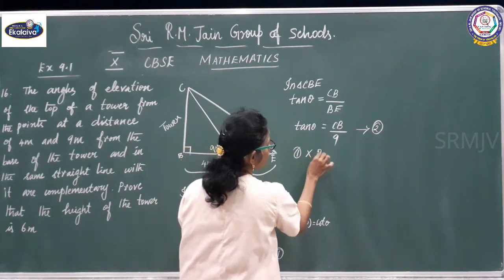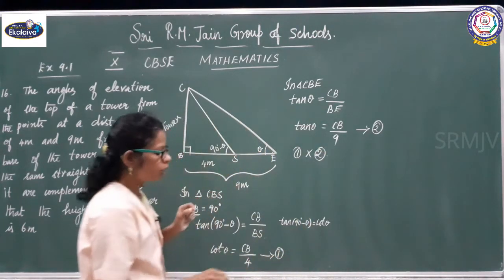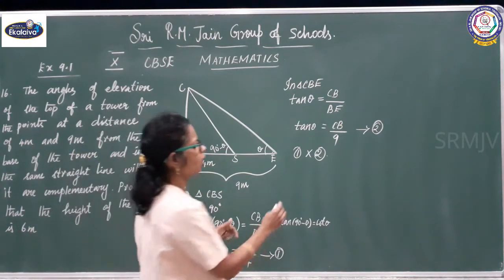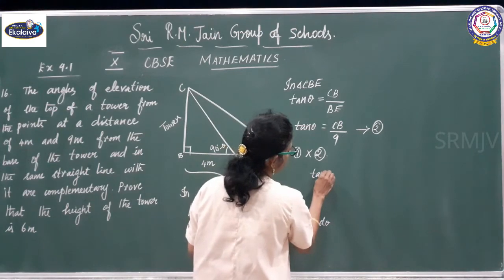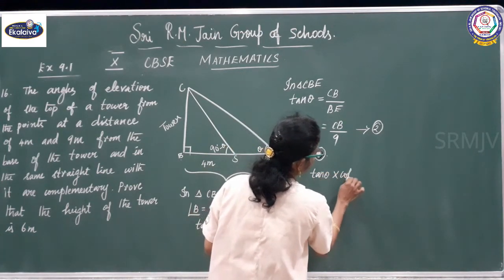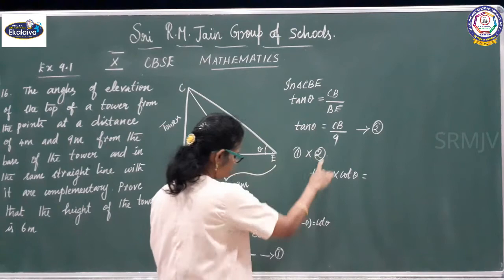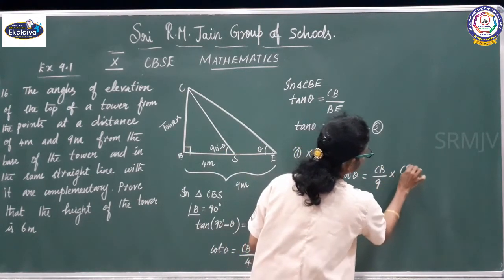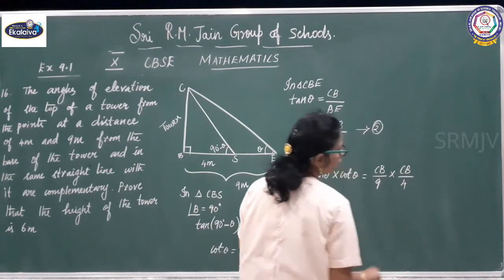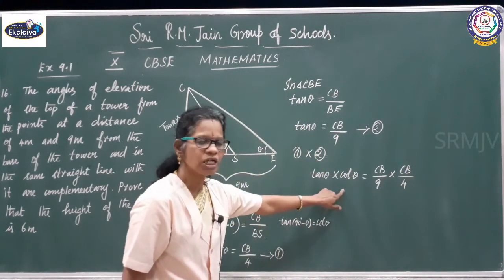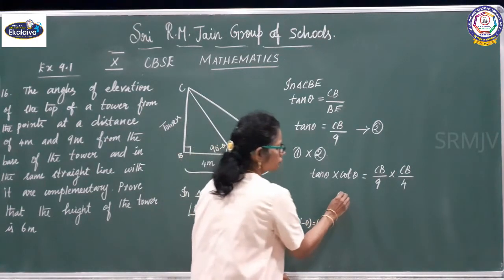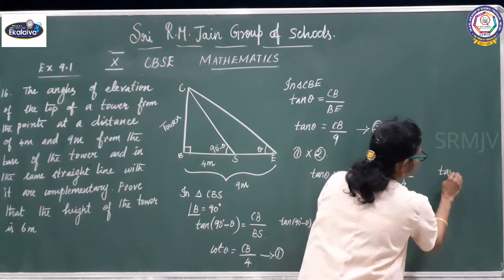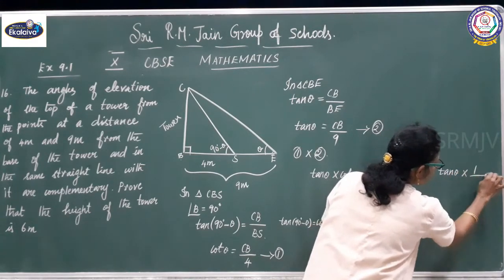Multiply 1 and 2, right? The left hand side, tan theta into cot theta equal to CB divided by 9 into CB divided by 4. Tan theta into cot theta is 1. You may ask how? Cot theta is nothing but reciprocal of tan.